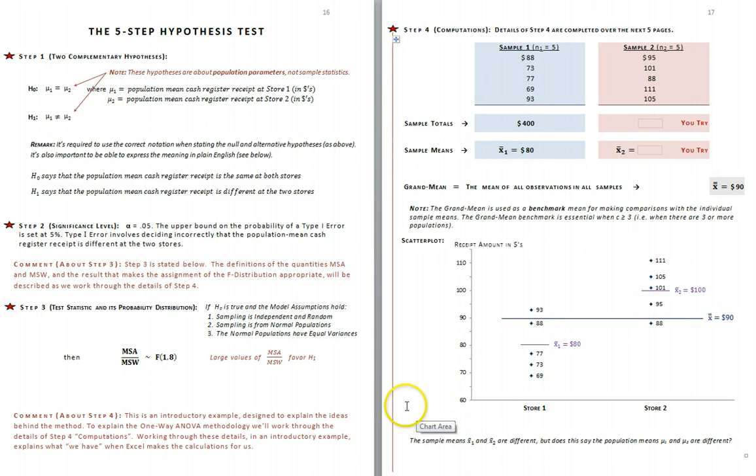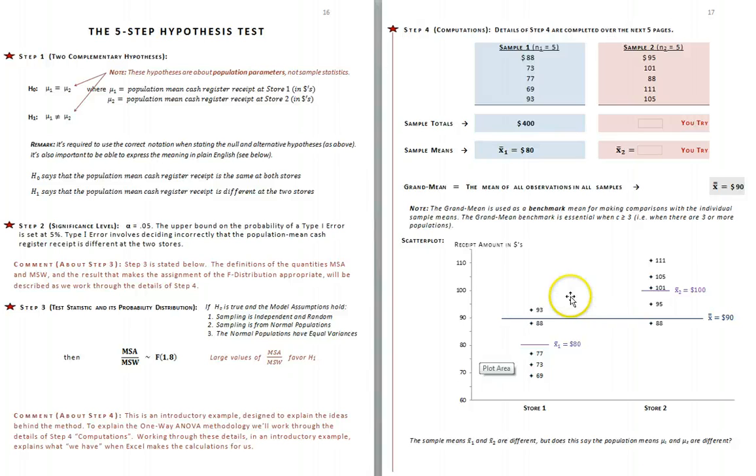Now, if we looked at this from an intuitive standpoint, that is, we're wondering whether the population mean cash register receipts from the 2 stores are different or not. Certainly there's some difference between these sample means. That would seem to say there's a good chance that the population means would be different.